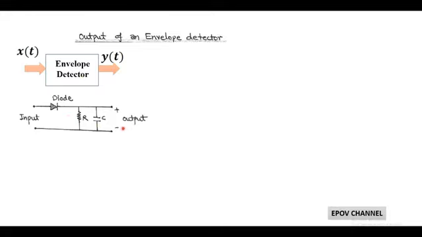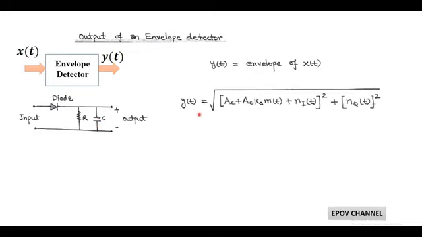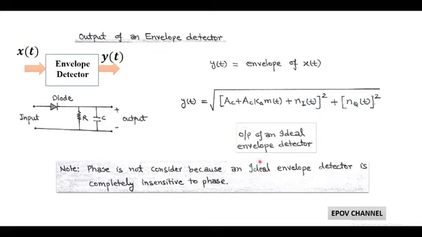The output of an envelope detection can be obtained by taking envelope of input signal x(t), which is the same as finding magnitude. So y(t) equals square root of [Ac + Ac Ka m(t) + nI]² + nQ². This y(t) is considered as output of an ideal envelope detector. But since ideal envelope detector is insensitive to phase, that's why phase is not considered here.